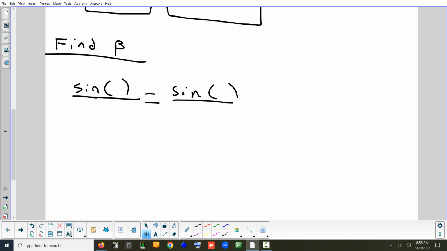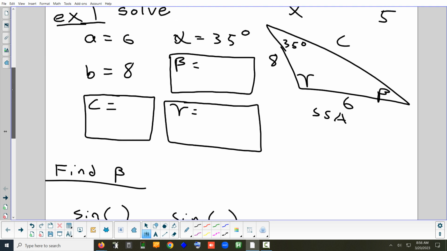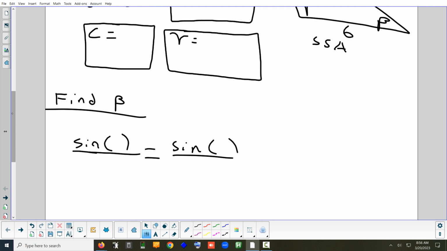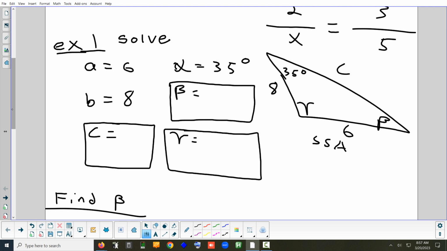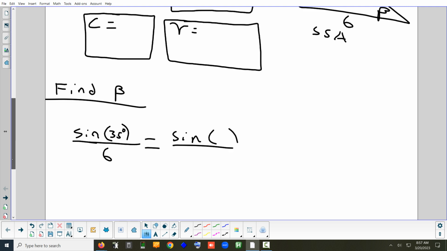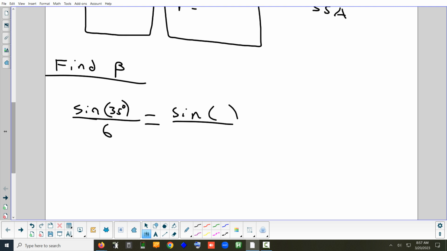If you cross multiply, then you're going to end up with 6 next to sine beta. Then you're going to have to get rid of the 6 after. Well, yeah, but wouldn't that be the 8 next to the sine of 35? And how would you get that over there? You wouldn't cross multiply because that means you're going to do 2 things. You're going to multiply this first diagonal and the second diagonal. I just want to do one thing.